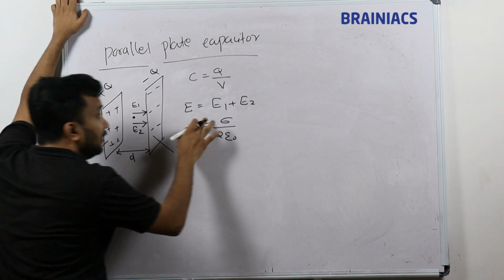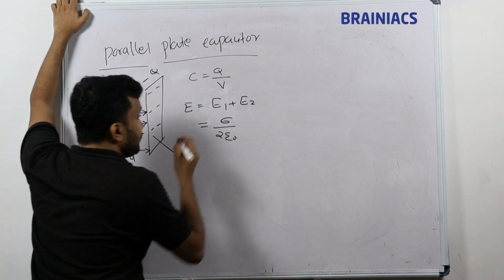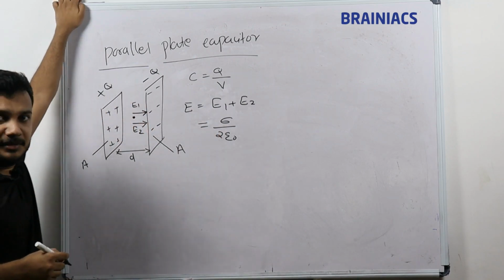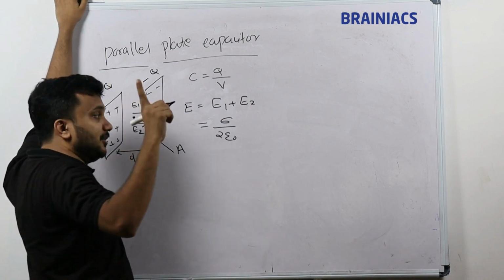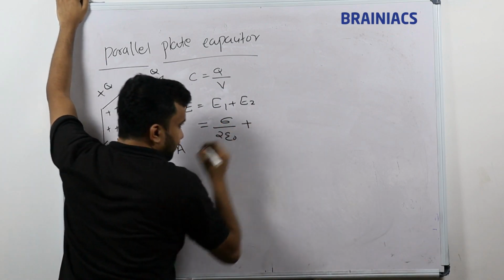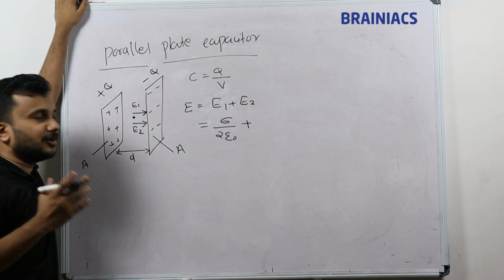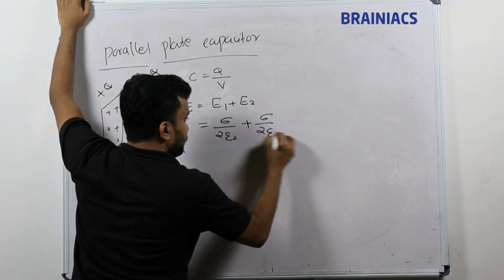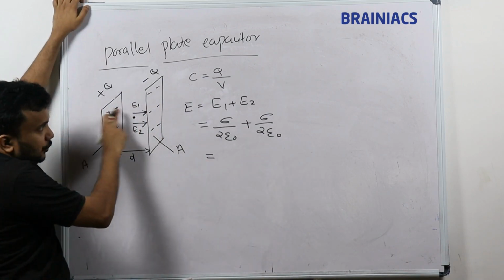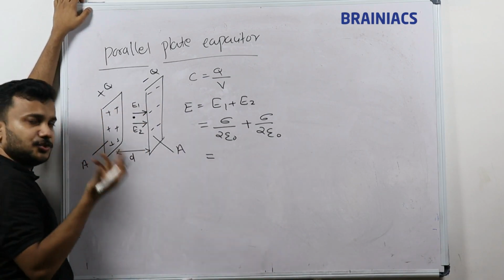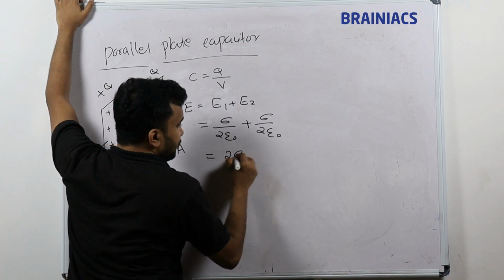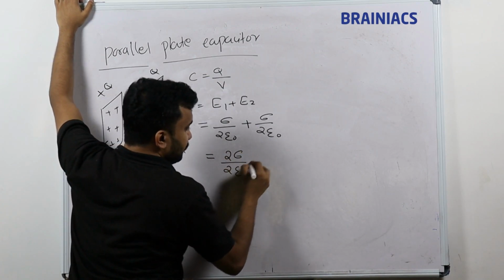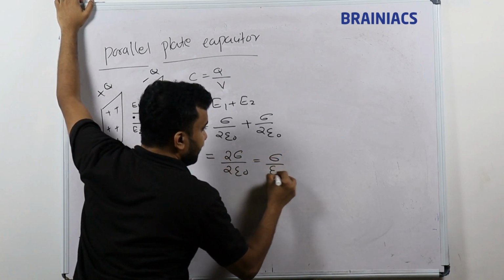We learned this when starting electric charges and electric field, the electric field due to a plate of a capacitor. If you don't remember, please go back to your notebook and see that. The two electric field vectors are in the same direction, so we can add them. This gives 2 sigma by 2 epsilon 0, which is equal to sigma divided by epsilon 0.